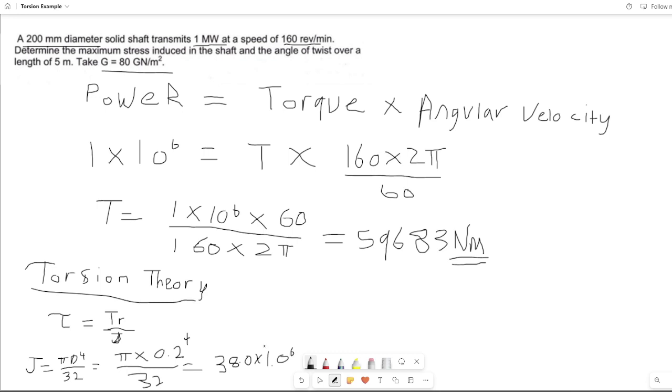Obviously, that's not the end of the question. We're wanting to work out the shear stress, so just gonna work it here where there's a bit more space.